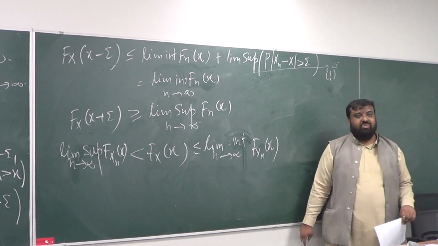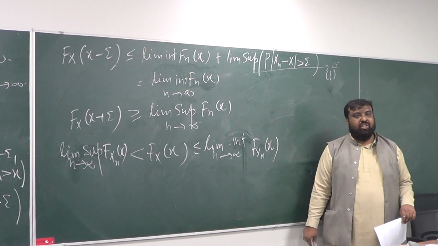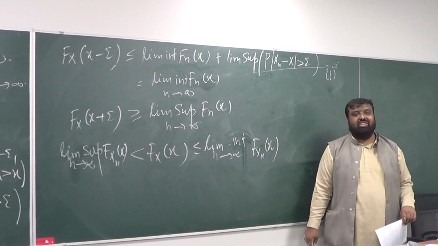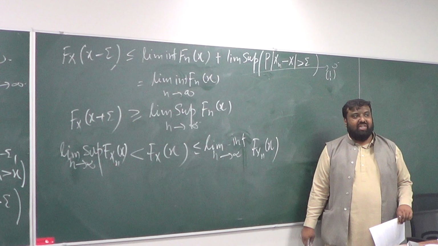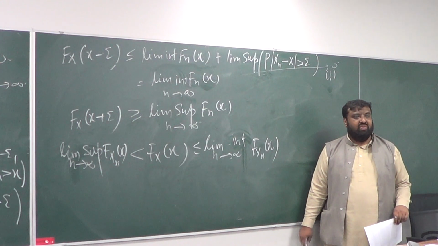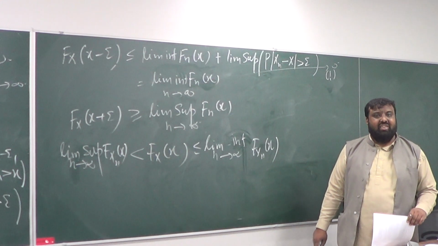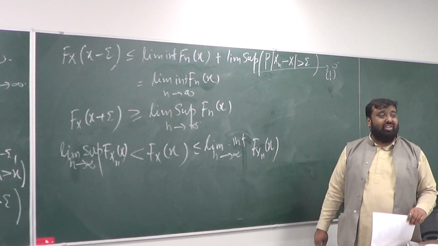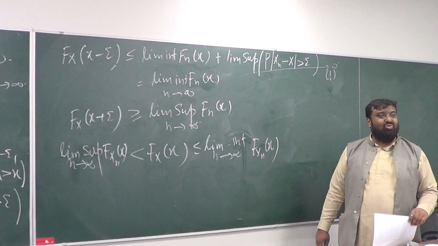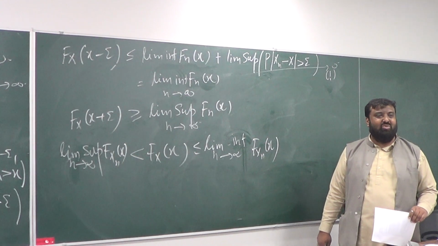Are we done? Sandwich theorem. What should I add in this inequality once more to get what we want? Do we need to add anything? Do you see anything unusual? The lim sup is less than or equal to lim inf. Wow.